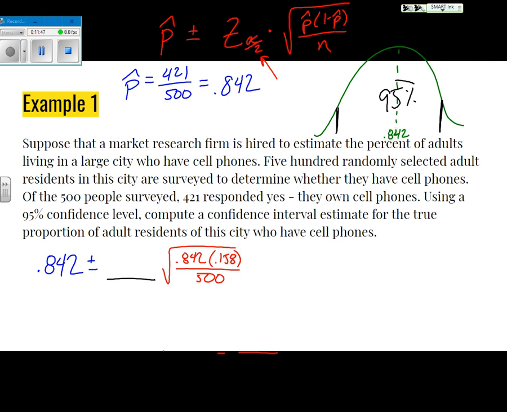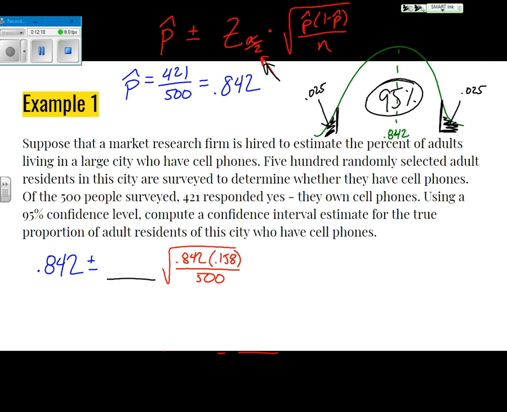And so if I am eating 95% of my area underneath the curve right there, that leaves these tails over here, two congruent tails that are going to have the rest of the 5%. And so that leaves 2.5% in this tail, and that leaves 2.5% in this tail. And that's exactly where this alpha over 2 comes from. Okay?